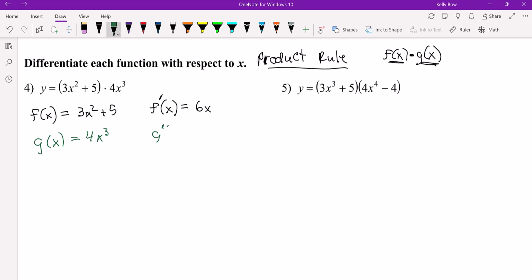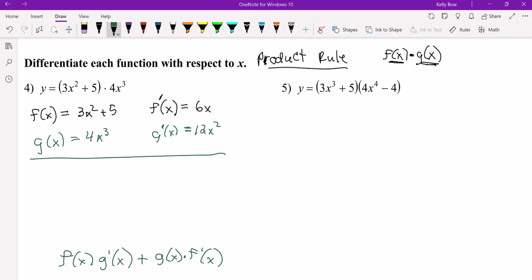The derivative function: 3 times 4 is 12, 3 subtract 1 is 2, so there's the derivative of the g function, and then you put it into this formula, or this equation, however you want to look at it. And that is going to be the derivative of that product rule.